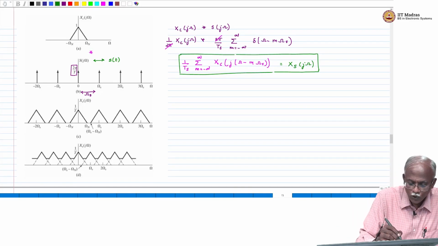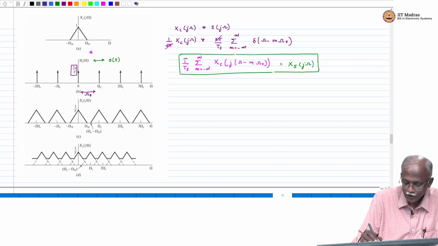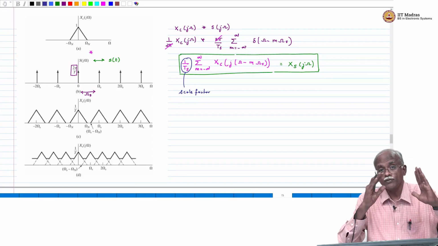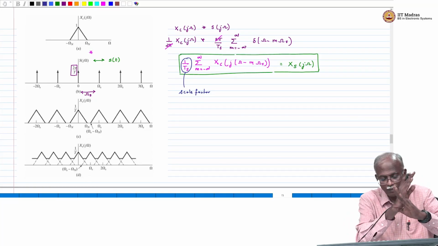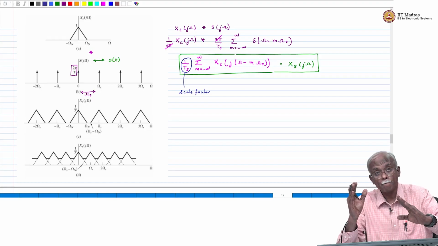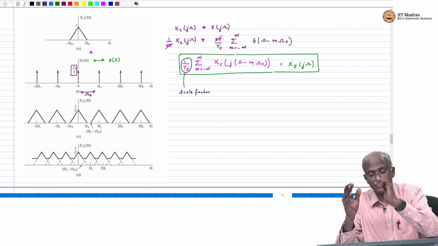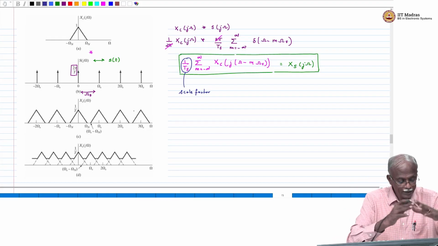Now I need you to note the following important aspects of it. Okay, the first one is a scale factor. The second one, the spectrum of the continuous time signal xc of t was a band limited signal from minus omega n to omega n. But once you multiplied it with the impulse train, notice that you get now many copies.